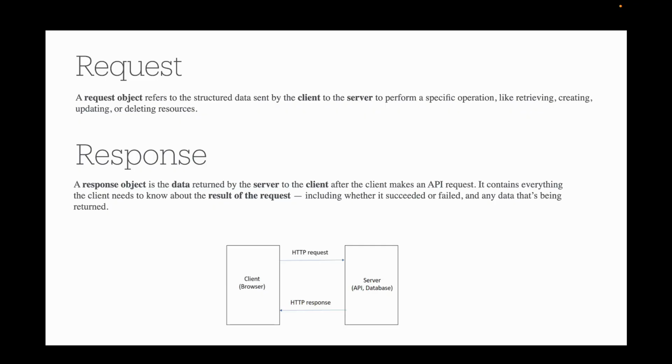Now what will this response object contain? This will contain whether my request succeeded or not. If it succeeded, it will also contain the incident data. Okay, so this way the data flow between the client side and the server side works using request and response objects.